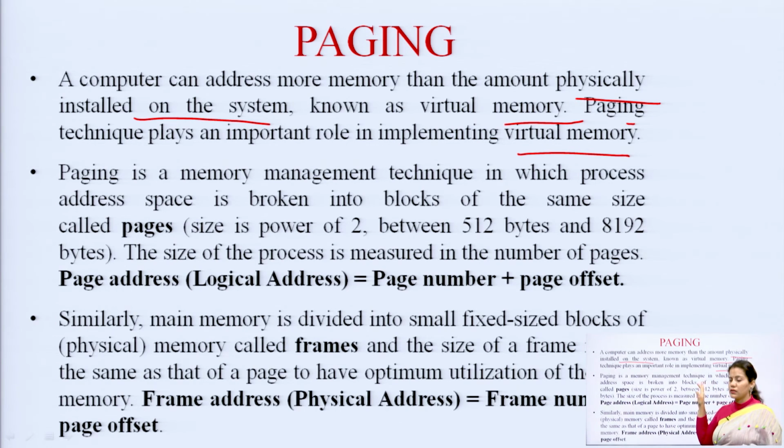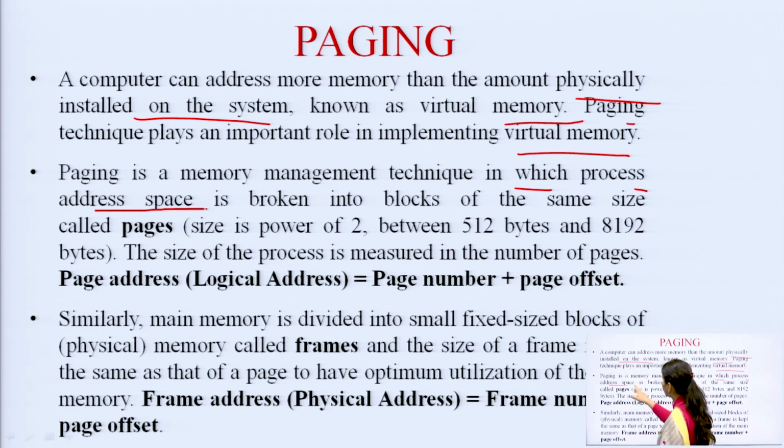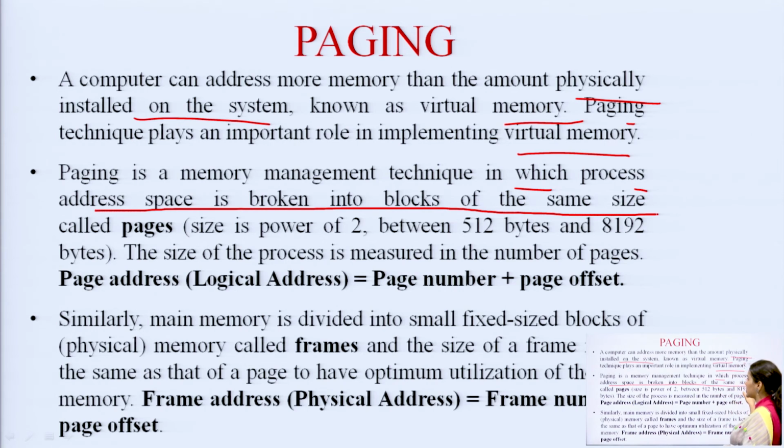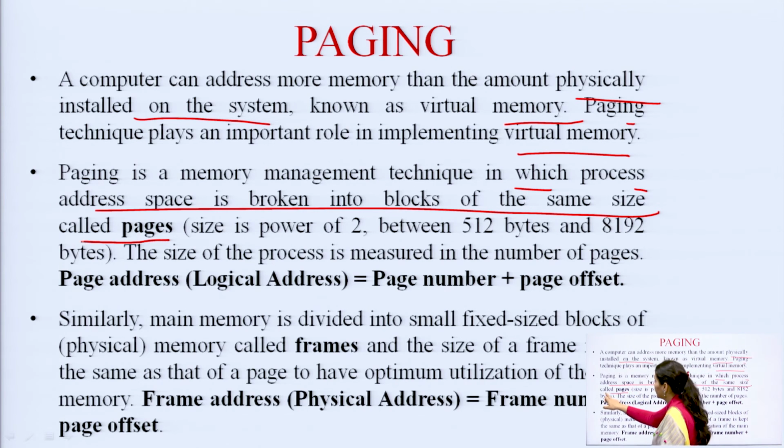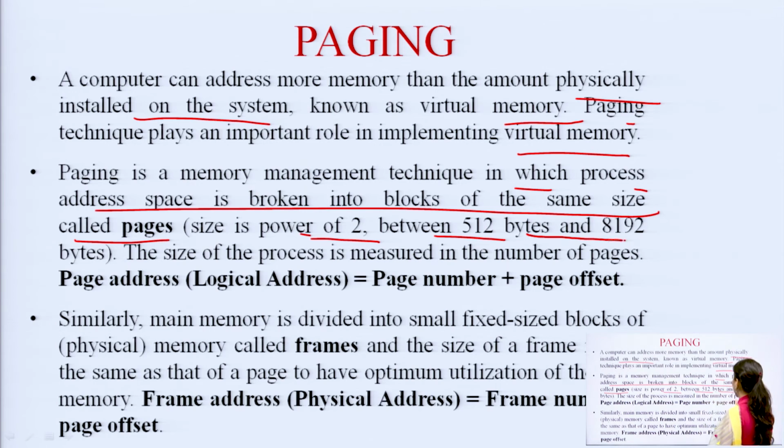Paging is the memory management technique in which the process address space is broken into blocks of the same size called pages. The memory allocated to the processes is broken into same-size pages, and that size is a power of 2, between 512 bytes and 8192 bytes.